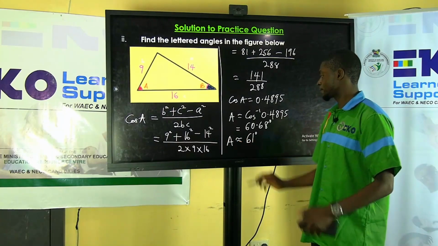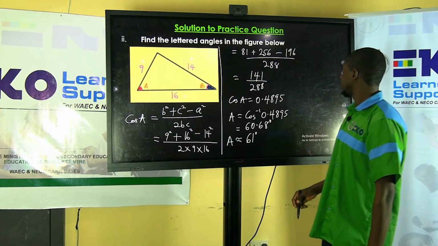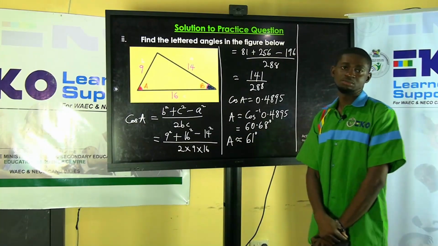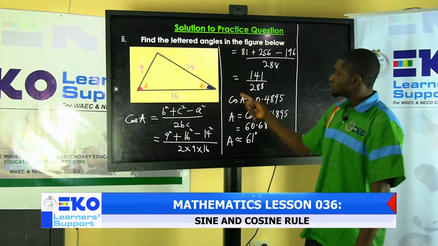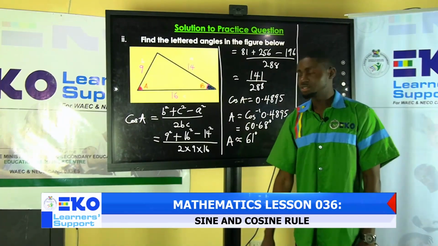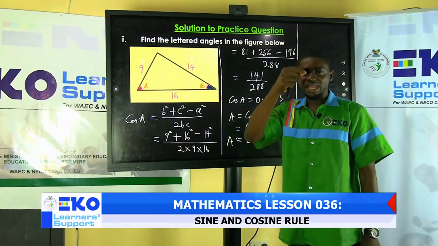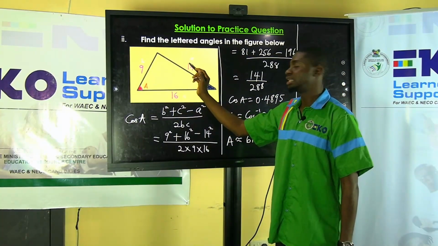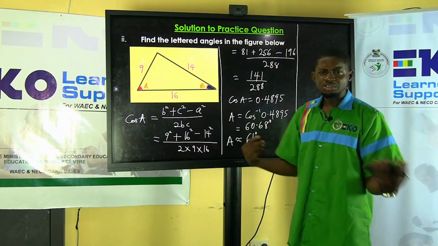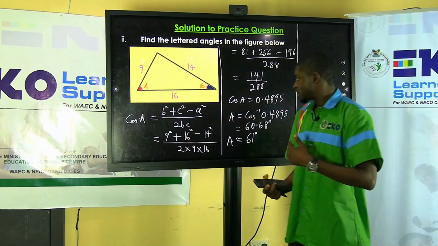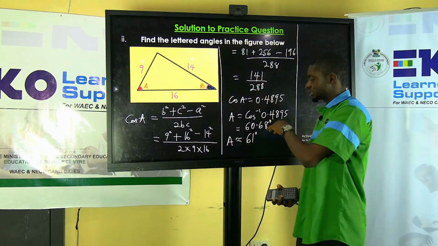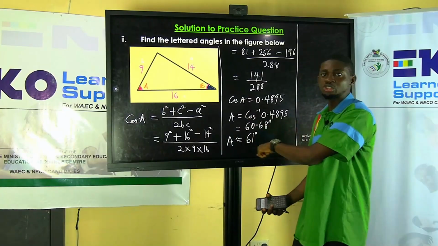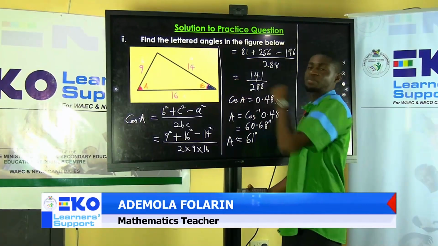That's angle A. Now that angle A is known, we have two ways to get angle B. We can either go through the same process for angle B, or we use sine rule, because now we have one complete family, angle A and side A. You are free. In exam, I advise students you can go through the same process if you are sure of yourself, so that if you have made a mistake in A, it will not be transferred into the next part.